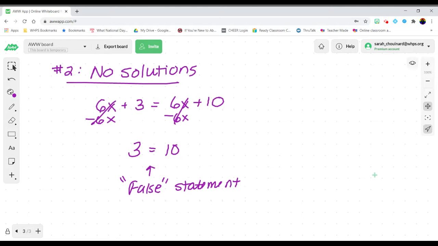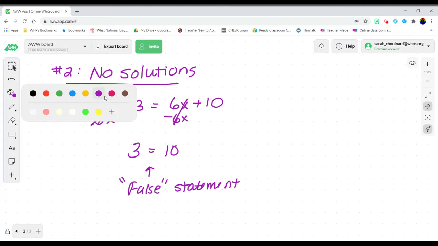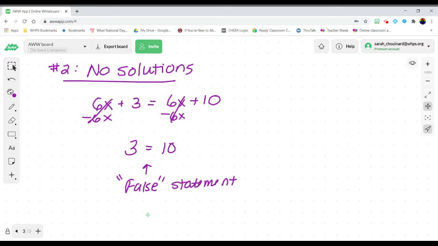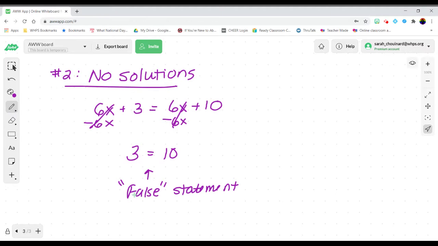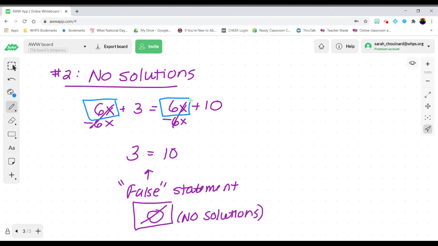So we would say that our answer is no solutions, which we're going to use this symbol, a circle with a diagonal line through it. That means no solutions. So if you were given this problem at the bottom, you would circle this as your answer. And so what we noticed in the original problem, unlike the last problem, is this time we had the same coefficients of x.